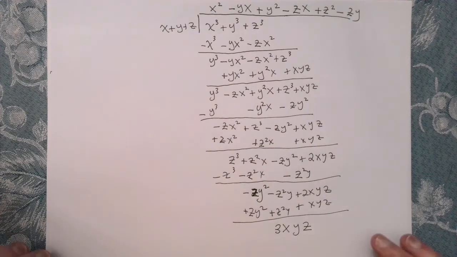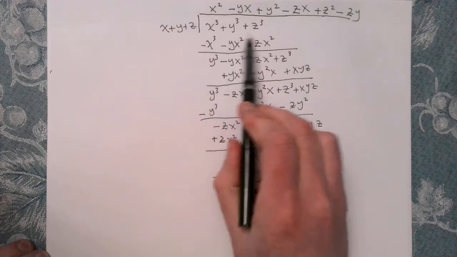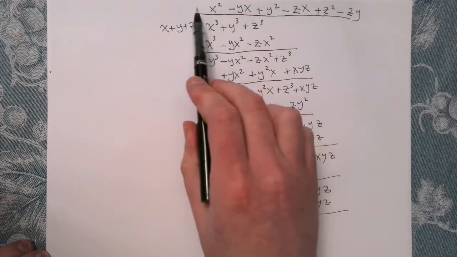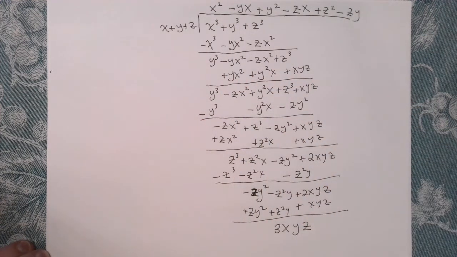Okay, so from this, what do we know? We know that this divided by this is equal to this plus the remainder, right? So maybe I'll say that.